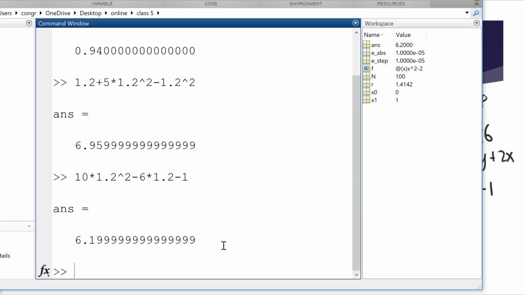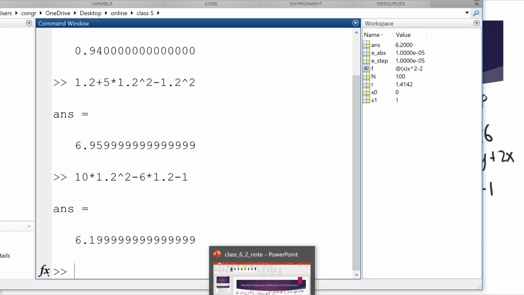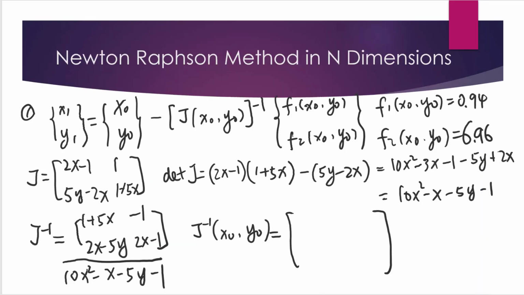So this will be 6.2. Right, so this will be 6.2, and so it's 1 plus 5 times 1.2, so it's 7.